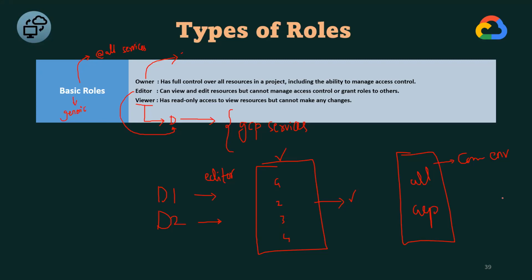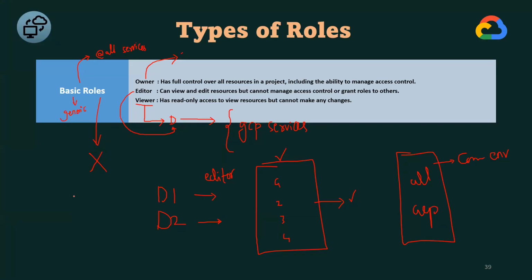So that's the reason, according to the principle of least privilege, we should only provide the necessary access to the developers. We shouldn't provide more access to the developers. So these basic roles are not meant for the developers who are working in the project.